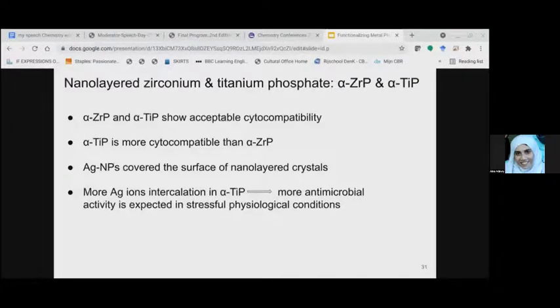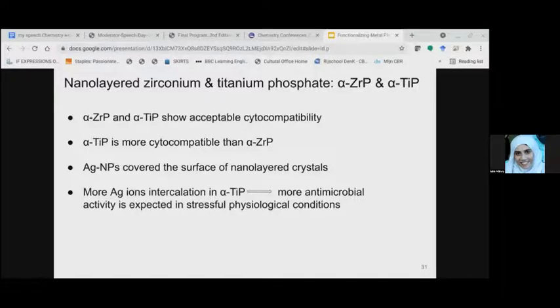So it seems like alpha titanium phosphate is a much better candidate, given that if it encounters some very stressful physiological conditions when the pH is very low, more of the silver ions will be released.